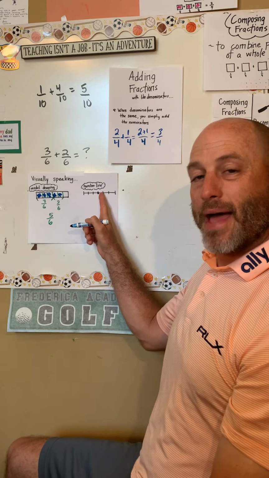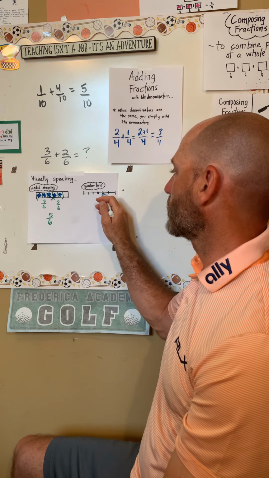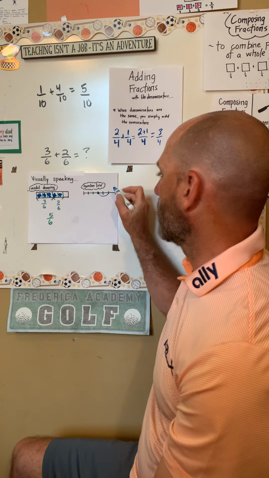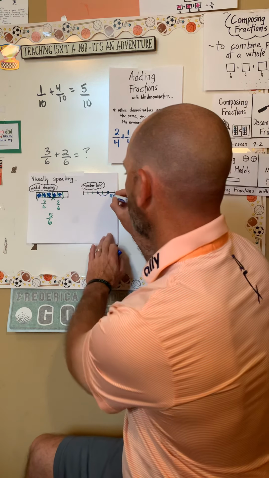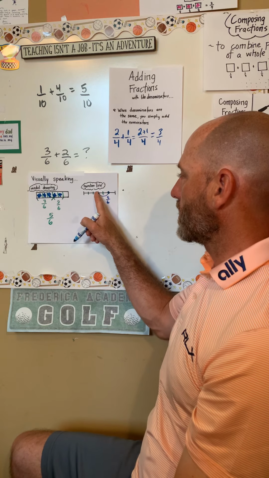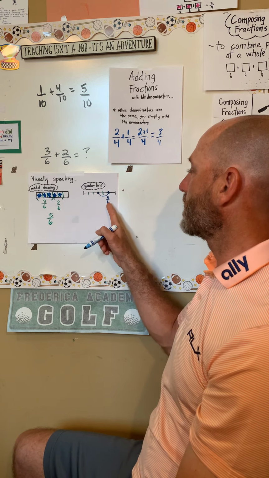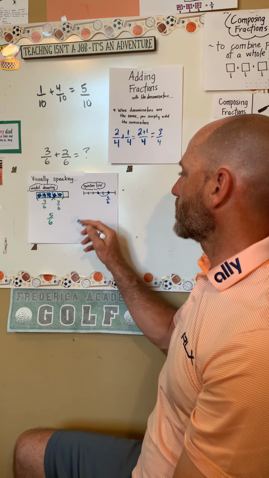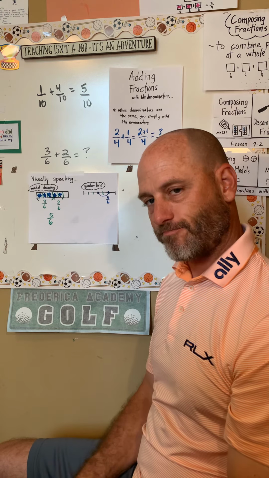If I'm adding 2 more to that, I can just take 2 more hops to the right, and now I'm landing on that 5th one. So that is right there, 5/6. I have 3/6, and I add 2 more sixths to that. I do end up on 5/6, which would be 3/6 plus 2/6 equals 5/6.